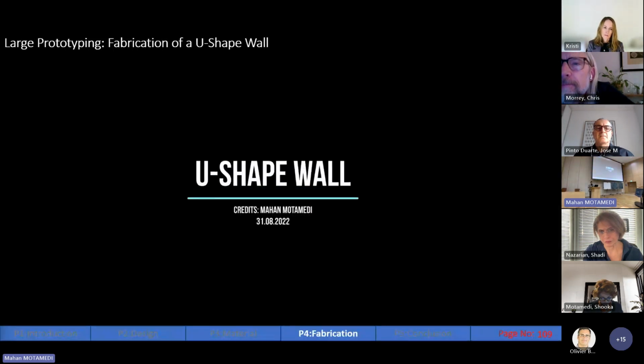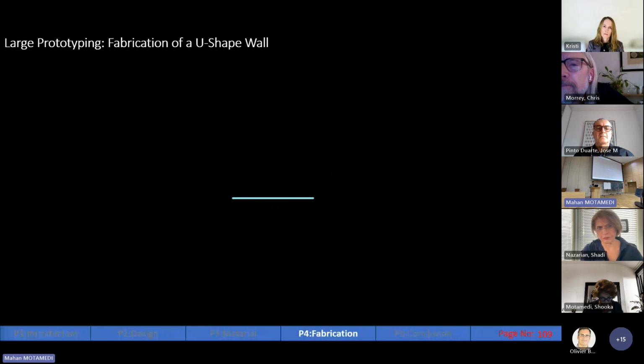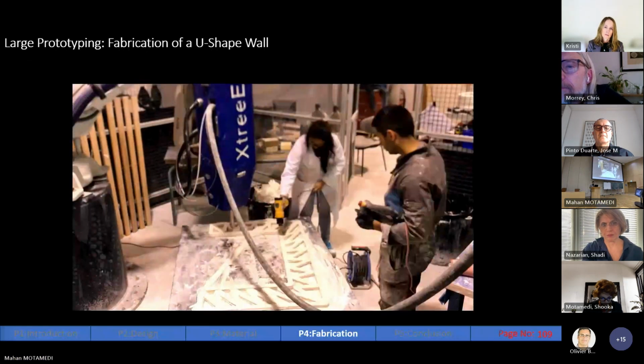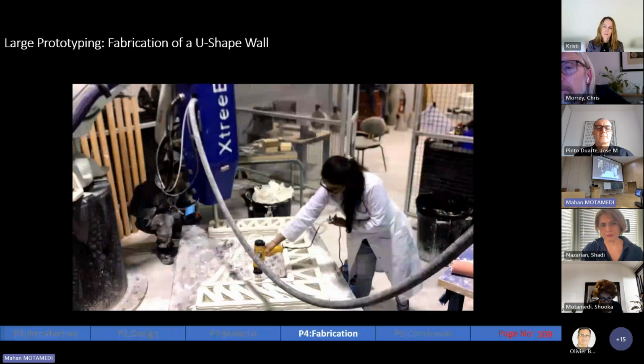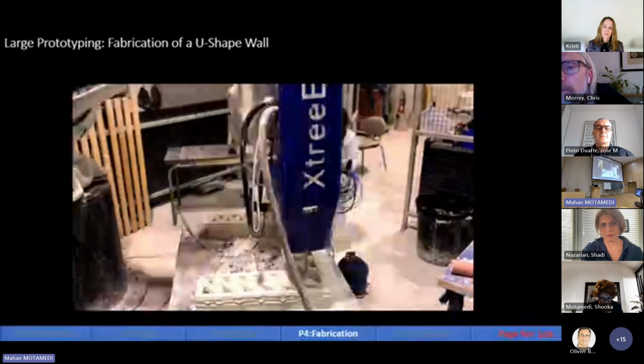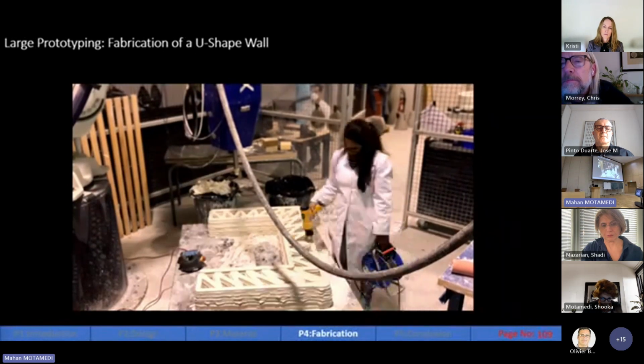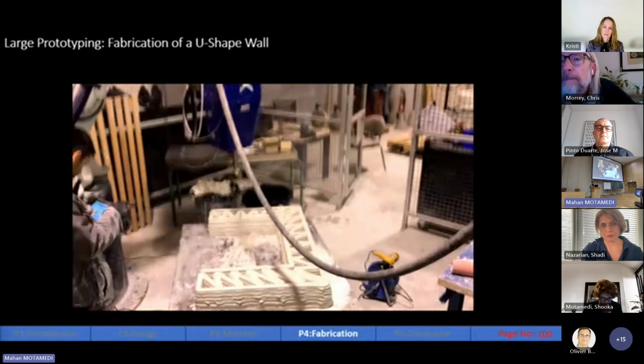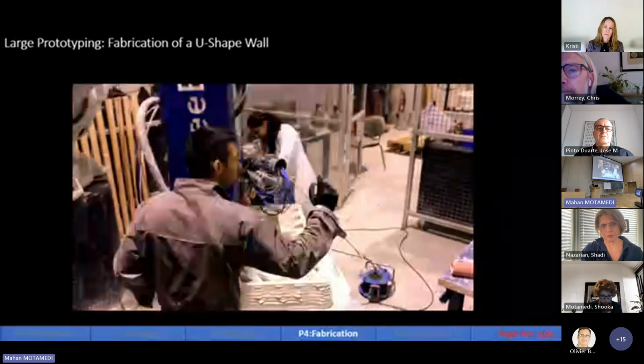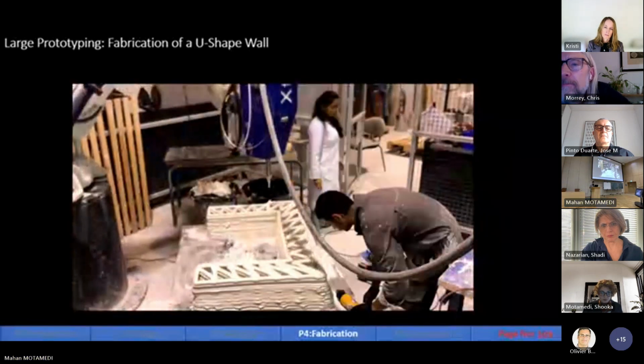So the first prototype that we performed using this setup is a prototype of a U-shaped wall. Like the medium scale printing setup, we used only 1 heat gun for heating, and the material failed when the structure reached 20 centimeters, and we had to stop the printing process.